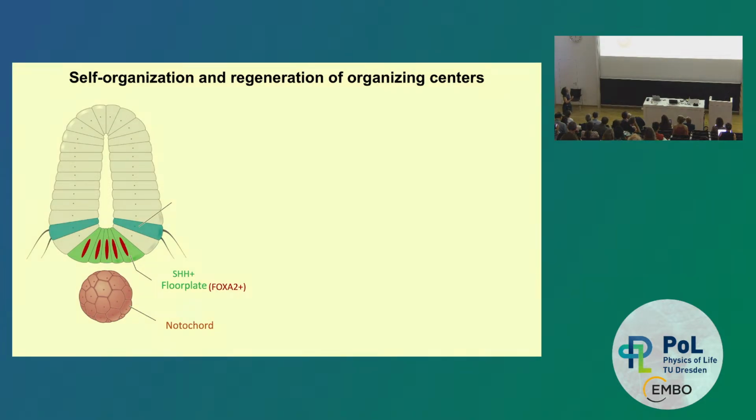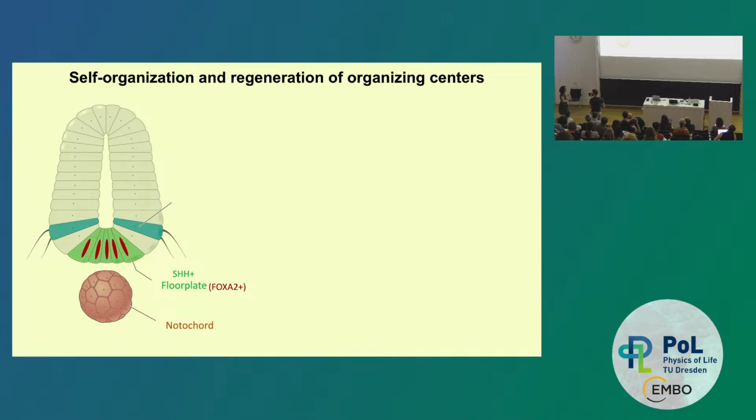Of course, there's a counteracting signaling center here in the roof plate that contributes to the signaling that generates this array of cells. And in development, which is very regular, it's canonically understood that the notochord is itself secreting sonic hedgehog that induces this floor plate to form in this place.